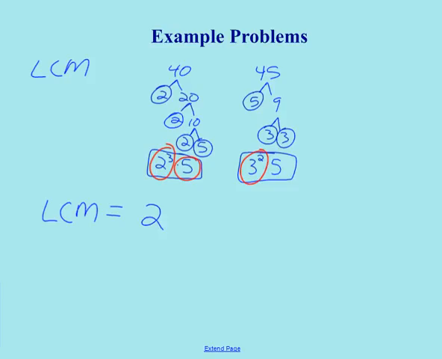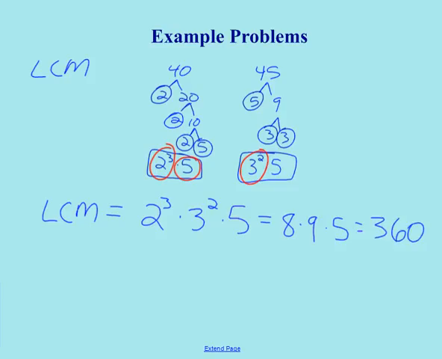So we have 2 to the third times 3 squared times 5. 2 to the third is 8. 3 squared is 9 times 5. 8 and 9 is 72 times 5 is 360.